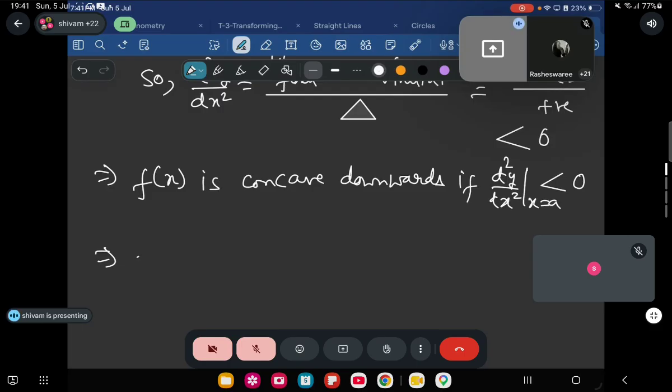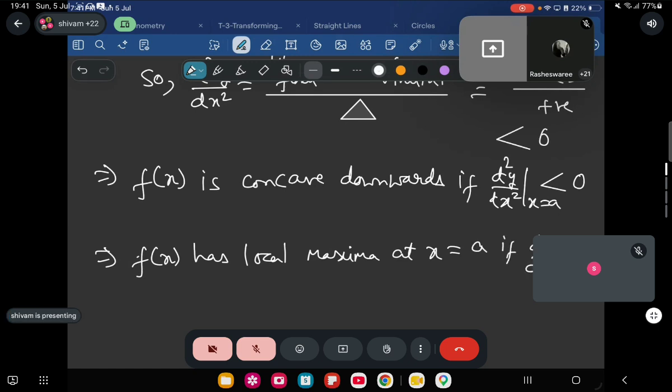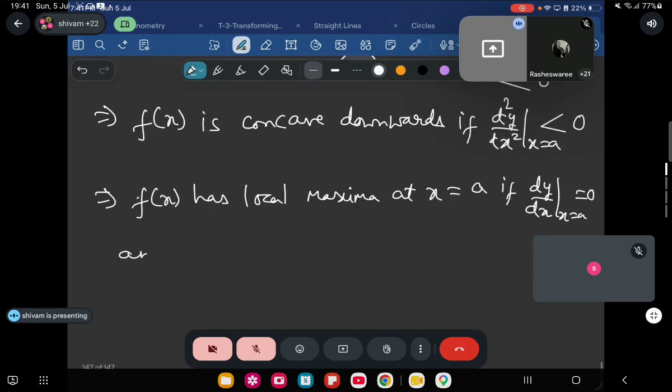This implies, everyone, f of x has local maxima at x equal to a if dy by dx at x equal to a is equal to 0 and d2y by dx square at x equal to a is less than 0.